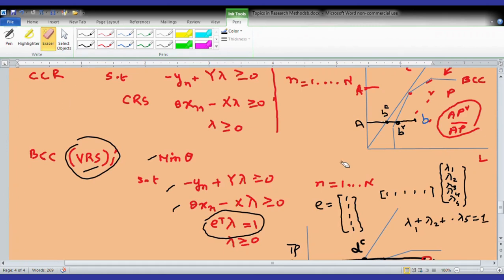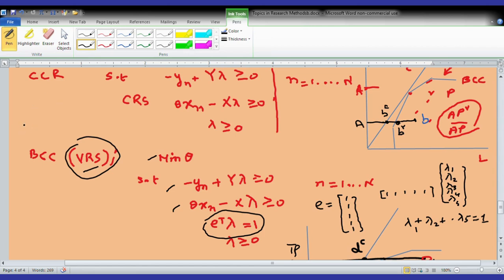Let us now turn to the scale efficiency part. First thing to remember is that the scale efficiency concept makes sense only if data reveals sufficient evidence about variable returns to scale.